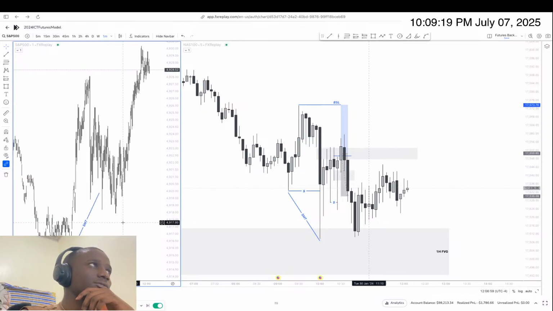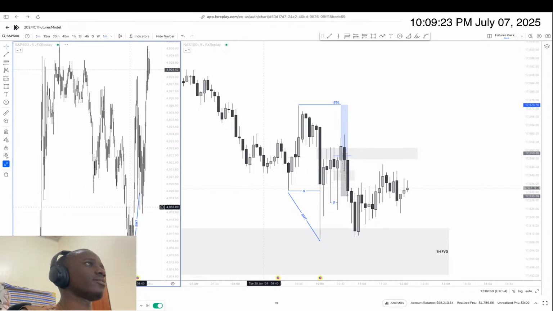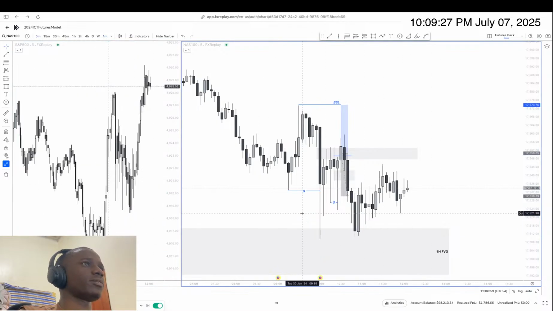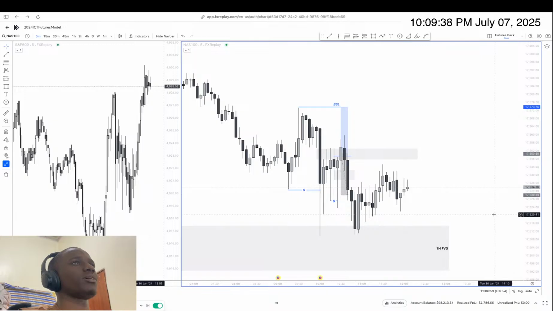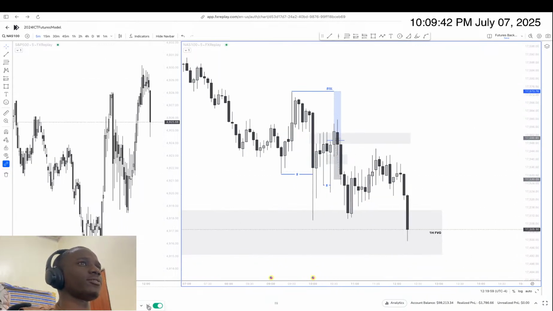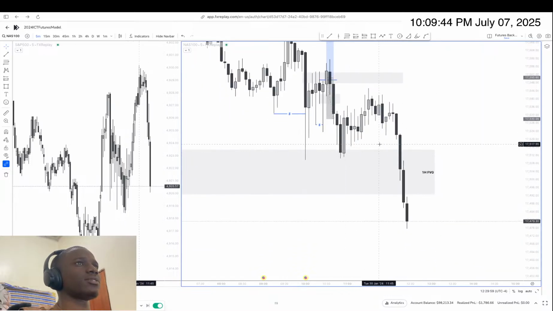Well, you can see how, okay, I was about to say that you can see how fast price is moving on the S&P 500, but before that you can see that we're creating some kind of higher high on S&P, showing us more signs that market might actually be ready to drop and respect this gap fully. So you can see that it ends up dropping in lunch.